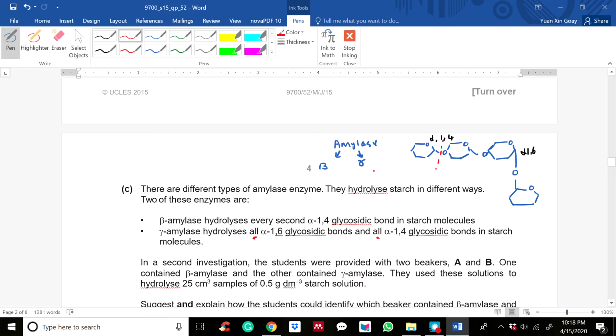So if you have gamma amylase, it is going to cut every one of these bonds, resulting in glucose molecules. So this is the one that can break and produce more glucose. This is the one that will produce maltose.